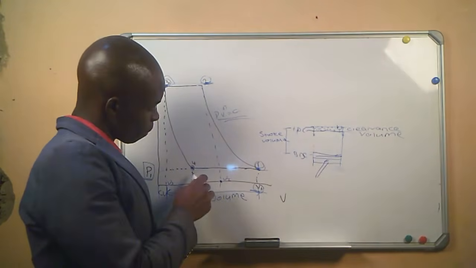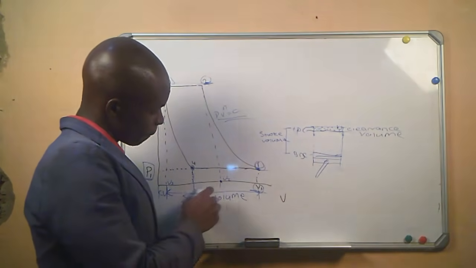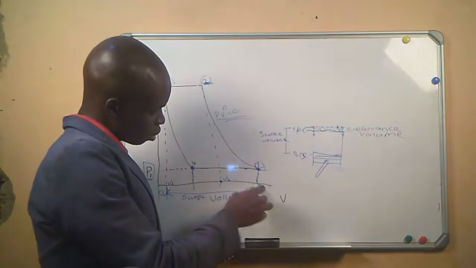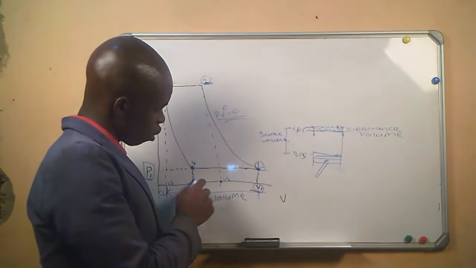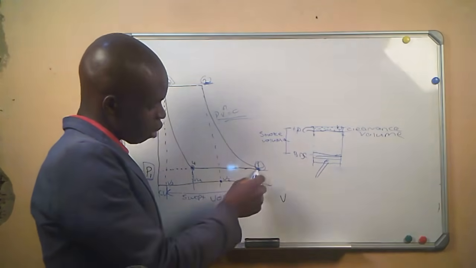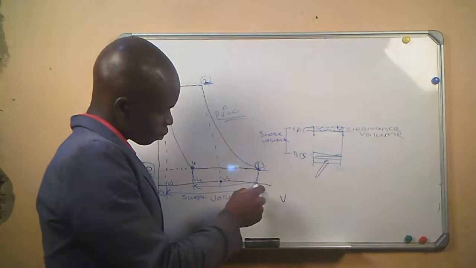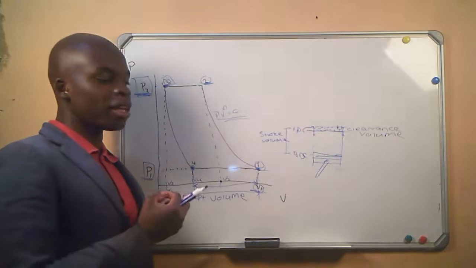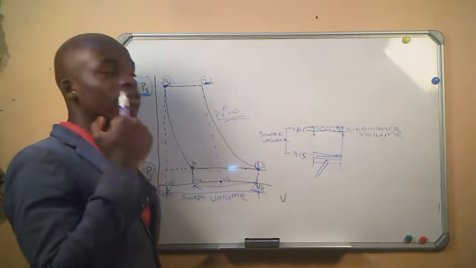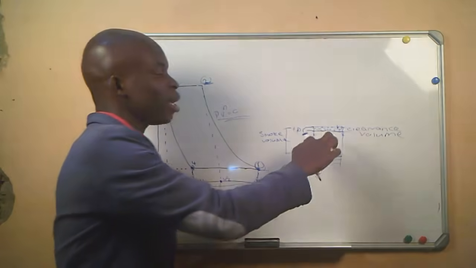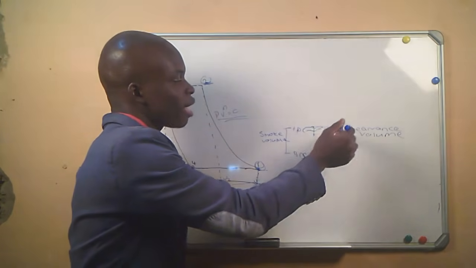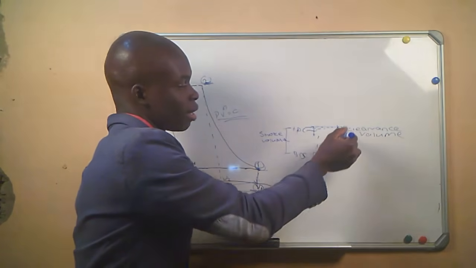And from here to here, from V4 to our V1, this is called the effective volume. And the effective volume is the actual amount of volume that came into the system after the valve opened.